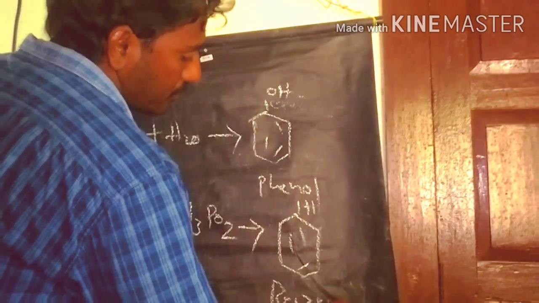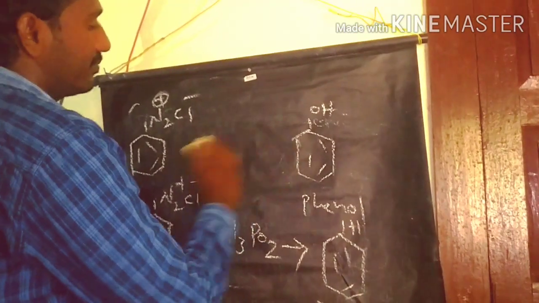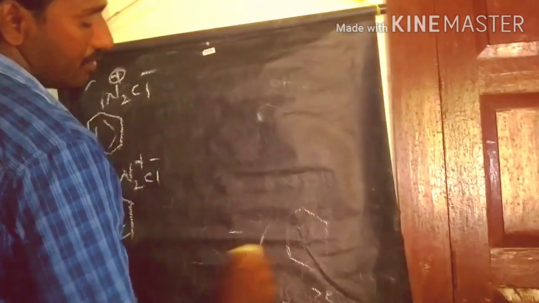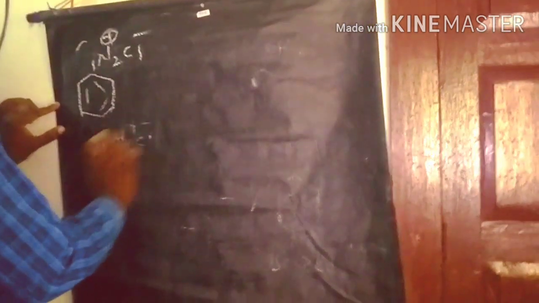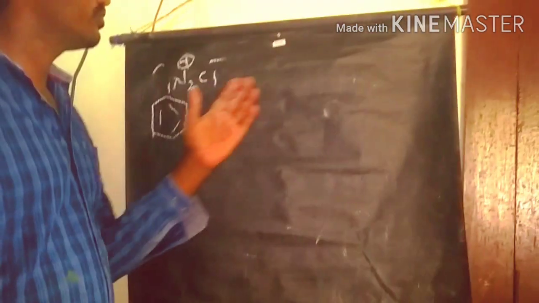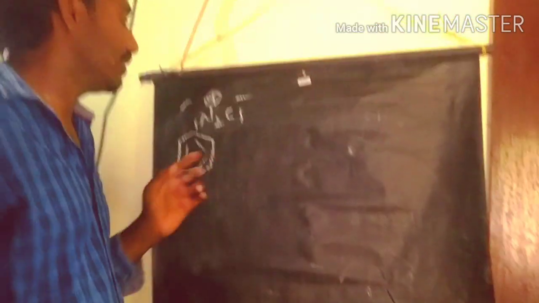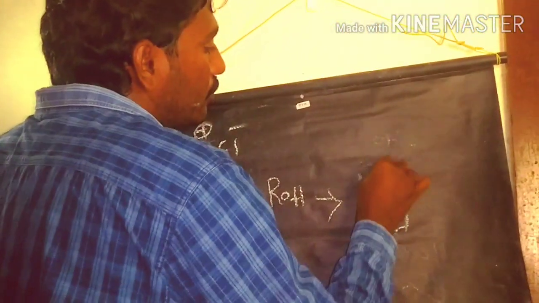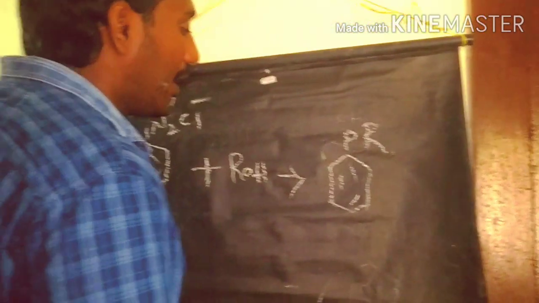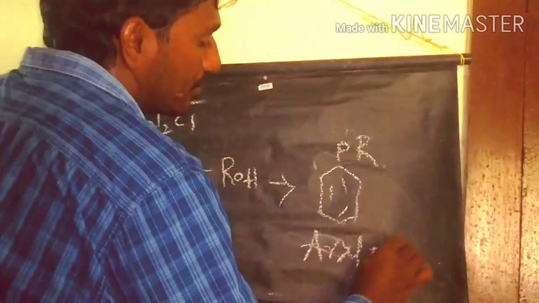These reactions all use the aryl diazonium salt as an intermediate to get many compounds like aryl halides, phenols and ethers. If it reacts with alcohols, we get aryl ethers as the products.